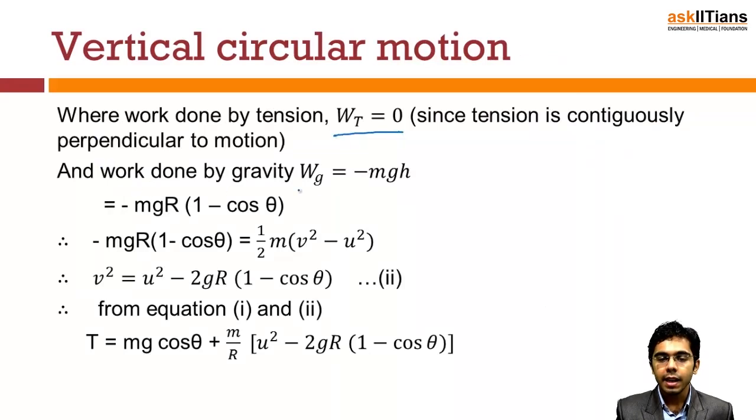The work done by gravity will be equal to minus mgh. Why minus? Because mg acts in the downward direction and the displacement is in the vertically upward direction, where we found h as r(1 minus cos theta).